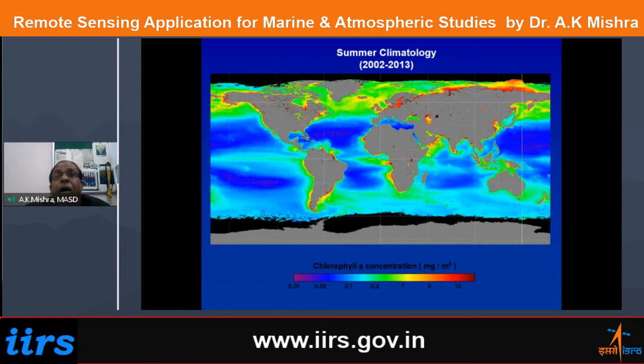This type of information you can correlate with the climatic condition and local climatic condition of the area, or you can also study long-term climatic variation and its effects, if you take the decadal data observed by the satellite.